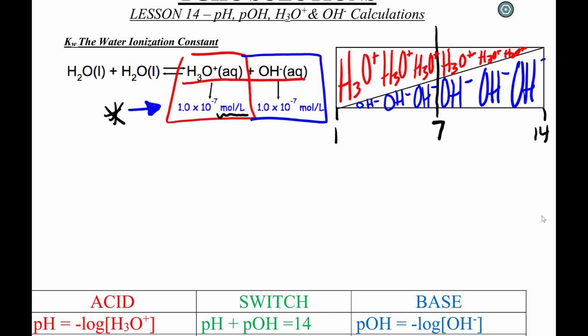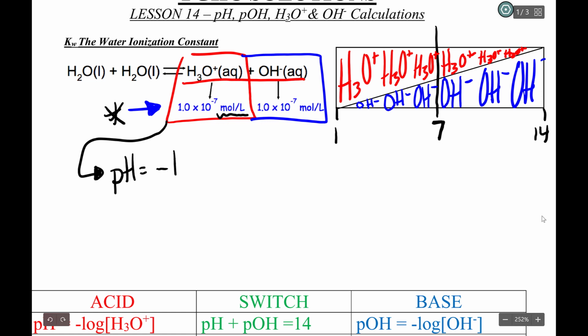So for instance, I'm just going to use this as an example. If you have a glass of pure water, the concentration of hydronium is 1 times 10 to the negative 7. If I want to calculate the pH of that, I would take the negative log, that's logarithm, base 10 logarithm, of the hydronium ion concentration.